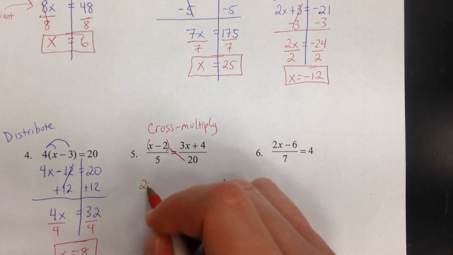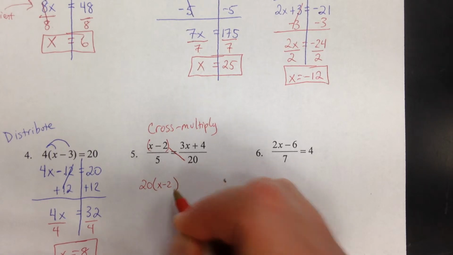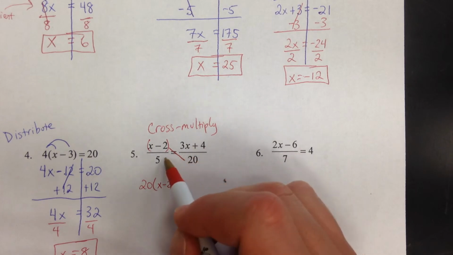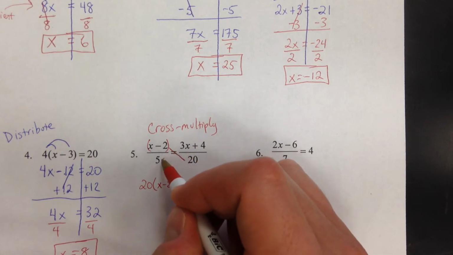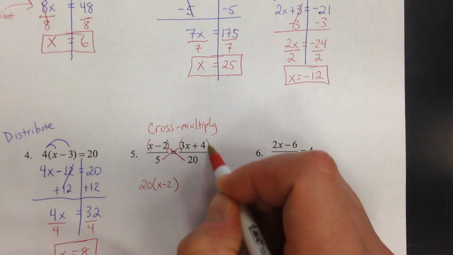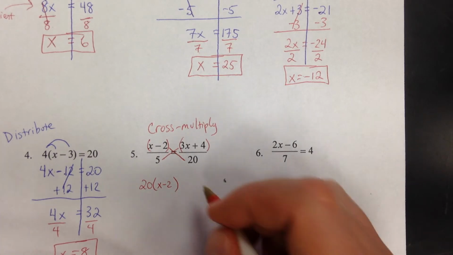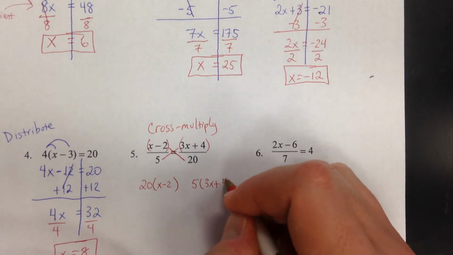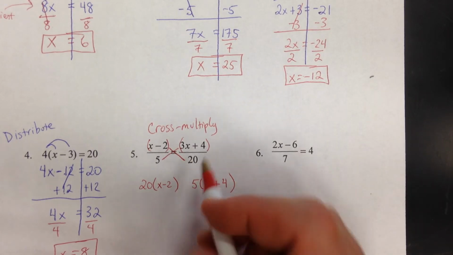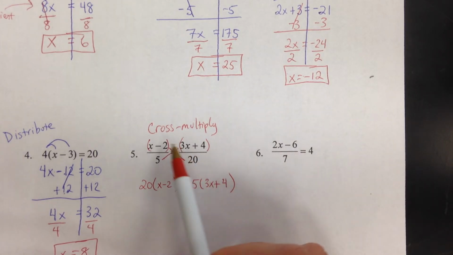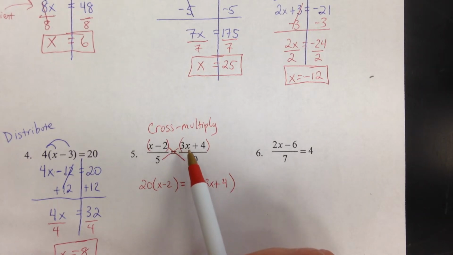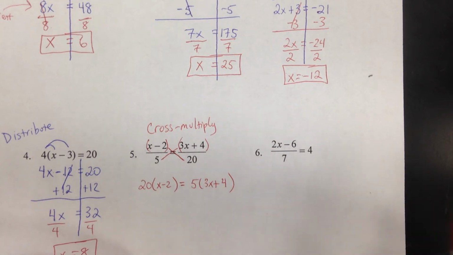I'm going to put the 20 in front of the parentheses, x minus 2. The other cross product is 5 times 3x plus 4. And what I have to be careful about is that this is an equation: 20 times x minus 2 equals 5 times 3x plus 4. So there's still an equal sign here.